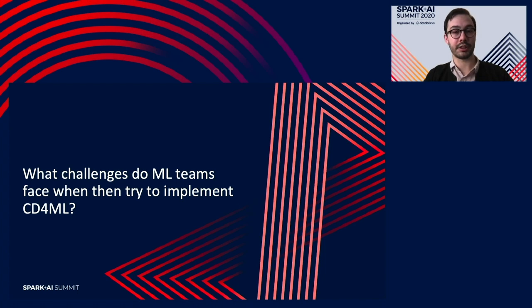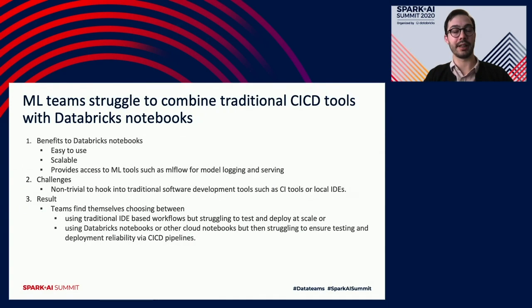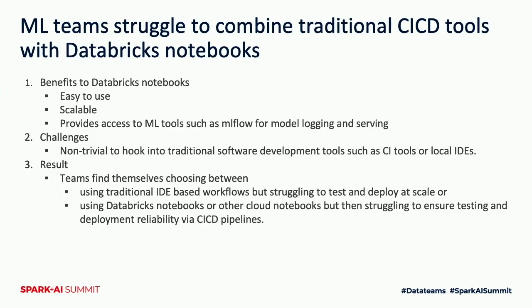So what are the challenges that ML teams run into when actually trying to implement a robust pipeline? The first one is that if ML teams are used to using traditional tooling, then traditional tooling usually relies on executing tests, including unit tests or integration tests, in a single virtual machine.